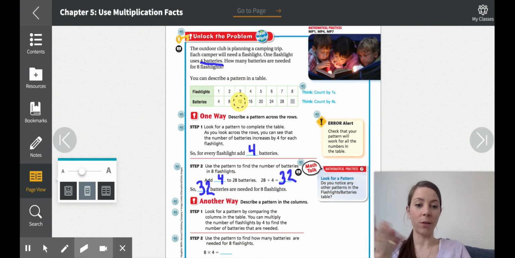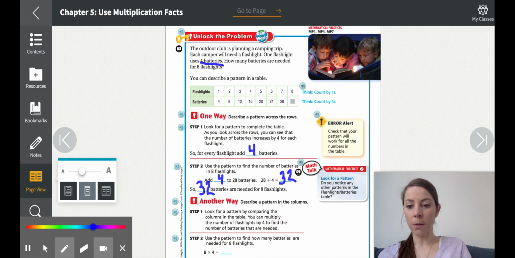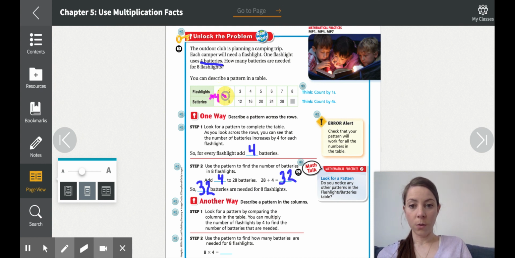What's happening every time? Well, it says we're multiplying the number of flashlights by 4 to find the number of batteries that are needed. That's the whole point, right? We're trying to find the number of batteries. So is that what's happening? If I go down and do times 4, 1 times 4 is 4. 2 times 4 is 8. 3 times 4 is 12. 4 times 4 is 16.